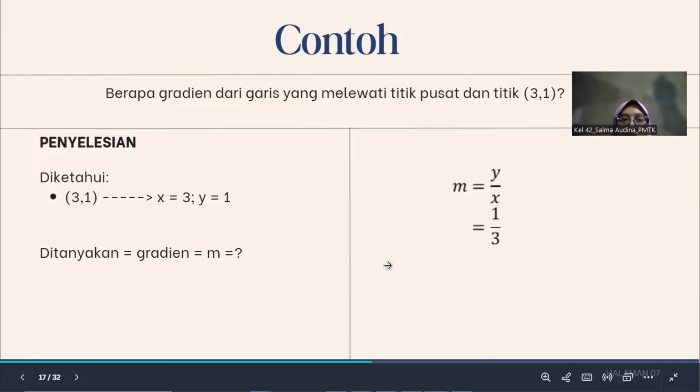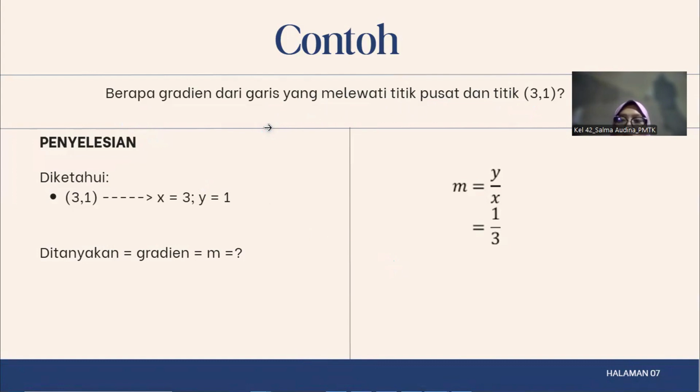For example, what is the gradient of the line that passes through the origin and point 3, 1? Since the line passes through the origin, we can use the formula we mentioned earlier, m equal to y divided by x.